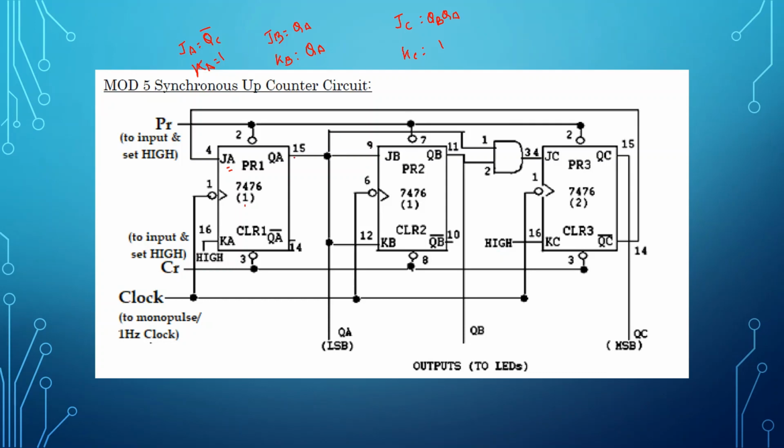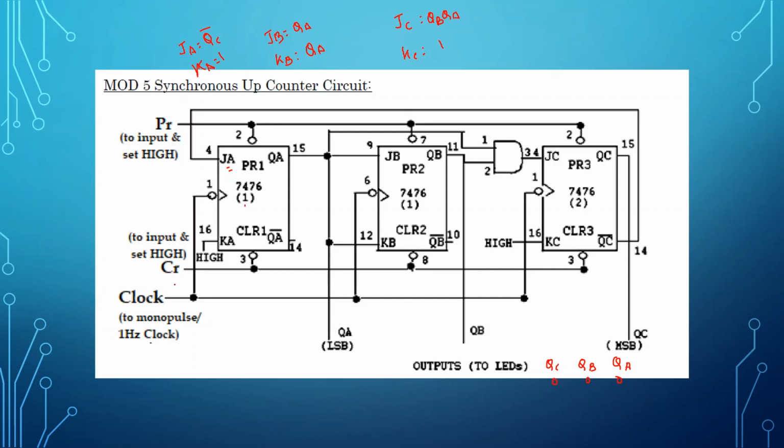Apart from that, you can connect your QA, QB and QC to 7-segment displays, or you can connect them to LEDs also. You can connect them as QC, QB, QA to the output side. Once you give the clock input, it will show 0, 0, 0.